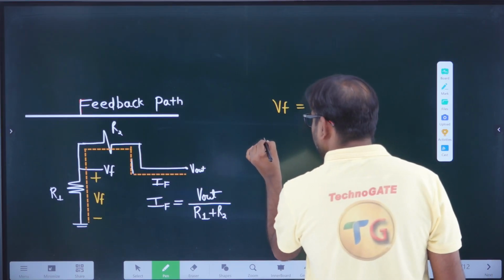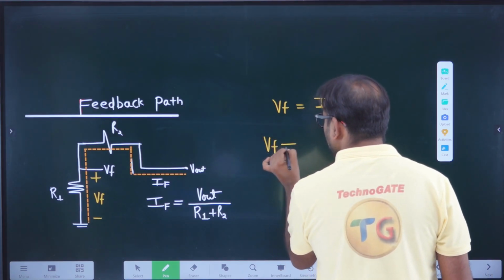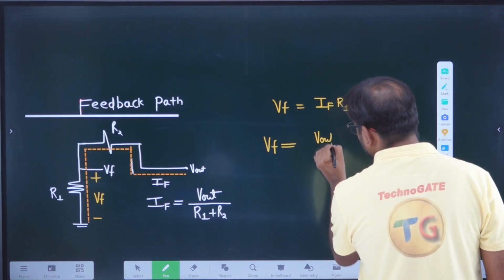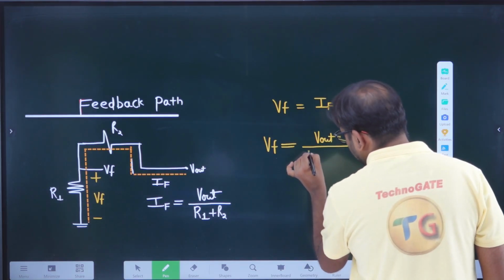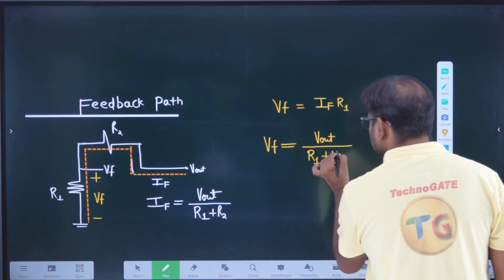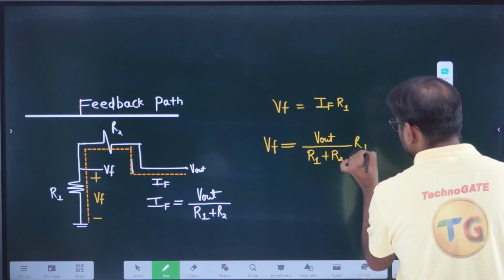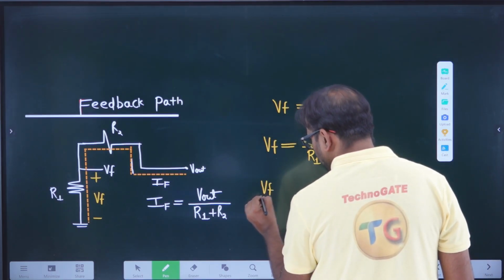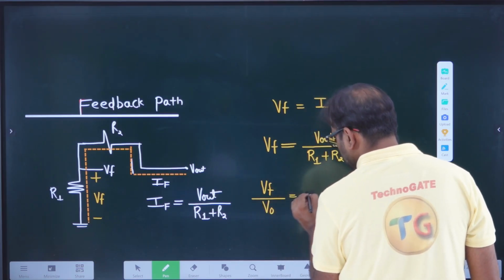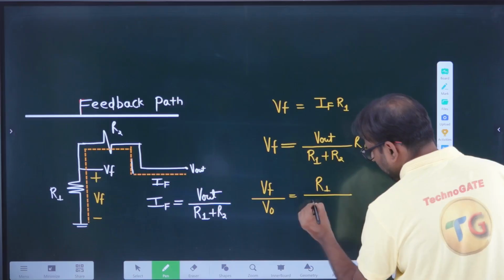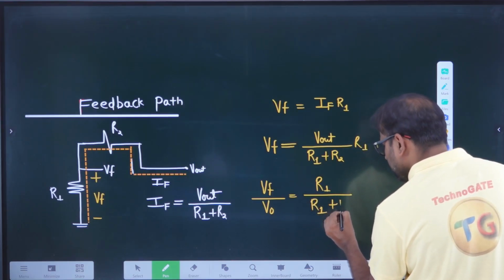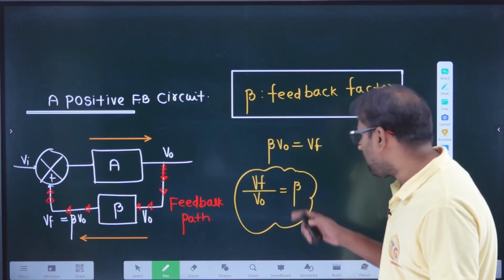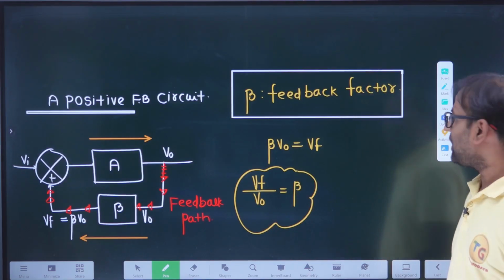So the value of VF is given by V out divided by R1 plus R2 multiplied by R1. Correct? And what is the ratio of VF by V out? VF divided by V out ratio is R1 divided by R1 plus R2. As we know from our theory of the positive feedback, VF by V out ratio is known as feedback factor.